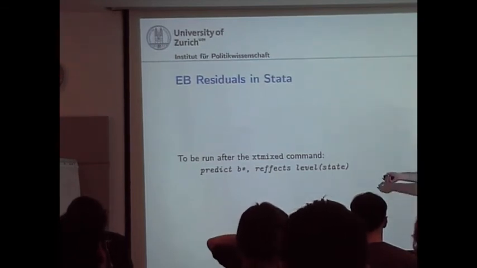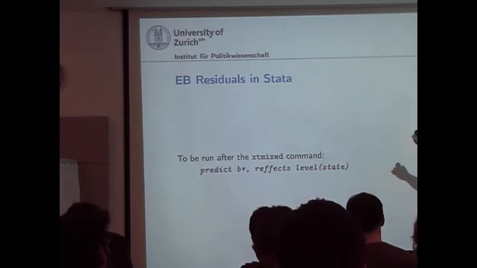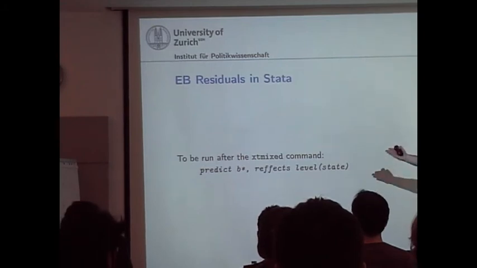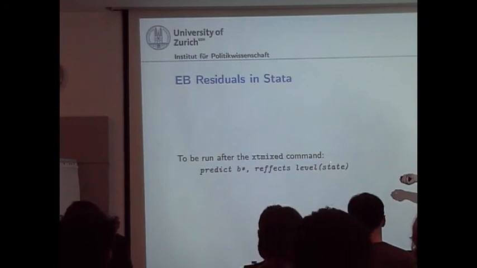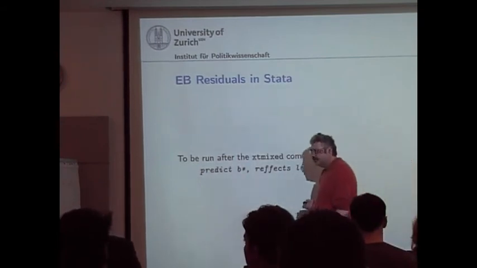If you would specify the individual here, what Stata would do is add its estimates of the epsilons, but that's usually not what we're interested in. What we're interested in is the estimates of the deltas being added to the fixed effects, and that's what you do by specifying the level 2 unit where it asks for level.